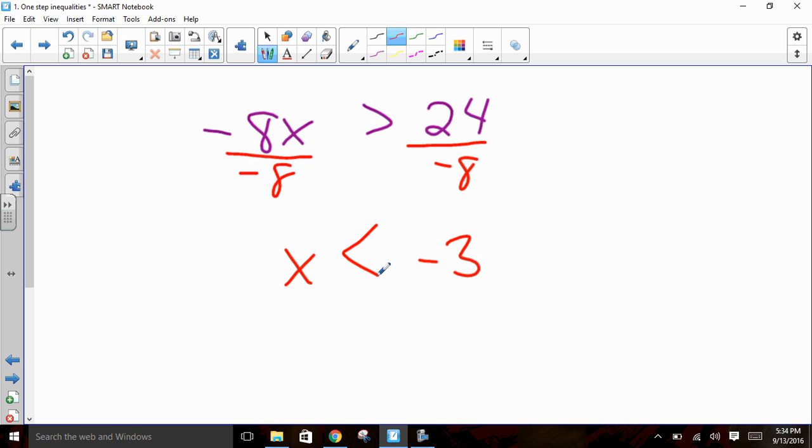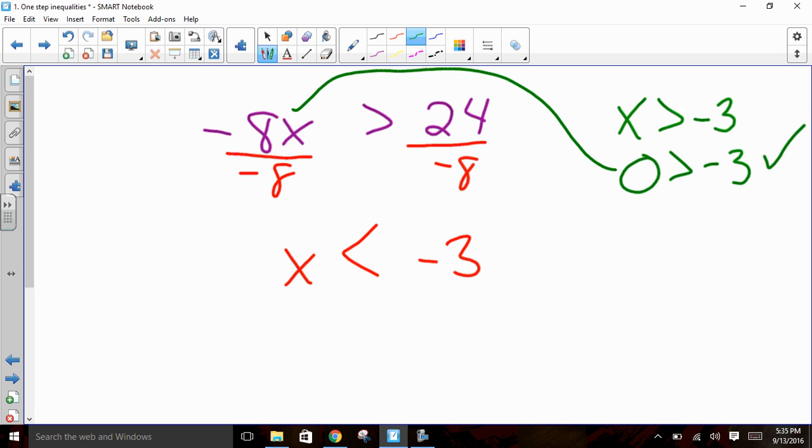Now, I'm going to show you why. Pretend you left it the same as x is greater than negative 3. Let's pick a value that is bigger than negative 3 and try plugging in to my original equation. Would you agree with me that 0 is larger than negative 3? Okay. If I plugged in 0 for x, I would have negative 8 times 0 is greater than 24.